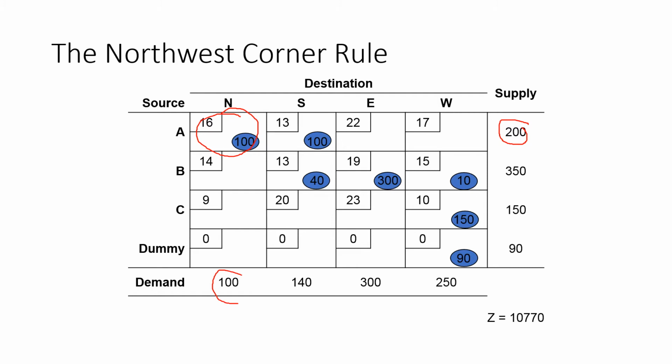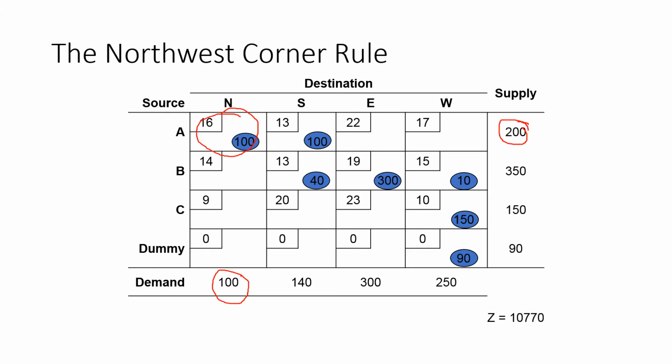So if you want to allocate as much as possible shipping from node A to node N, you cannot ship more than 100 because that's the capacity of the demand for this node. Although there's a larger production capacity here, you don't want to ship that. So it's the minimum of those two numbers, which is 100. So allocate 100 to that node.